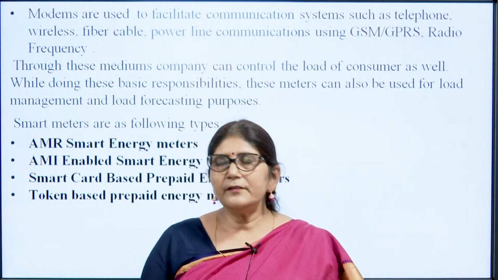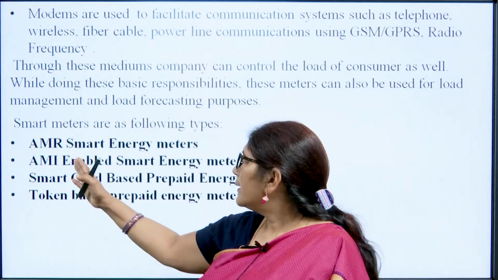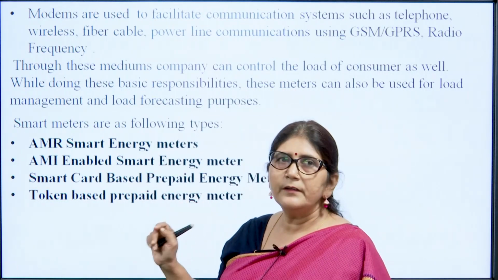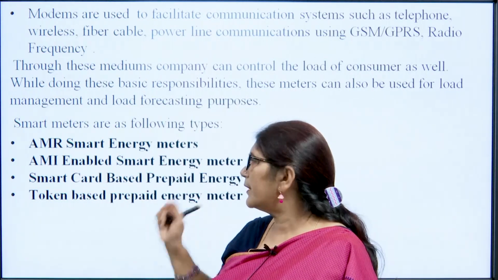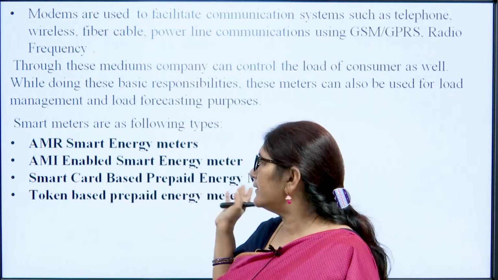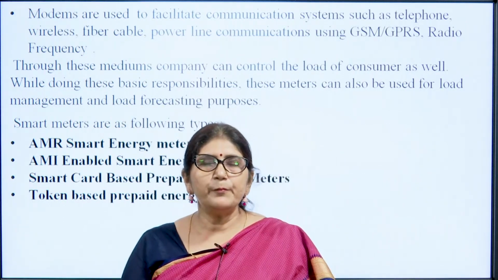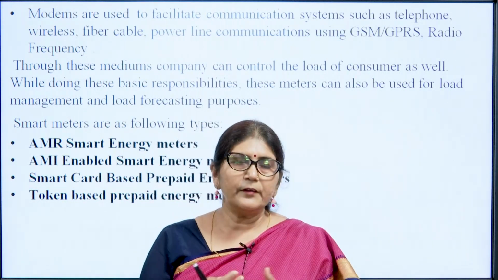So, smart meters can be classified into the following types: AMR smart energy meter, AMI enabled smart energy meter, smart card based prepaid energy meter, and token based prepaid energy meter. These are the types of energy meter that are used today.